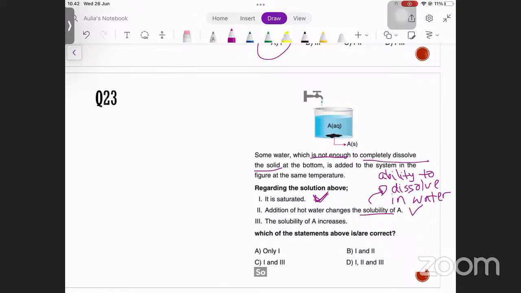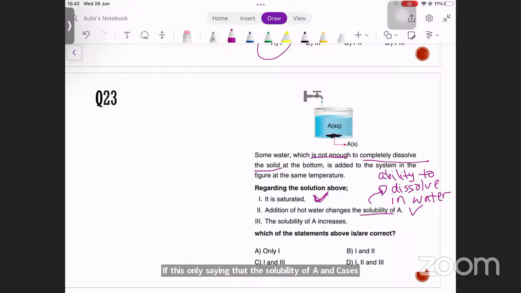Now, what about option three? The solubility of A increases. Look, there is no other additional statement. Statement number three doesn't say that it will be replaced with hot water or not. It is only saying that the solubility of A increases.